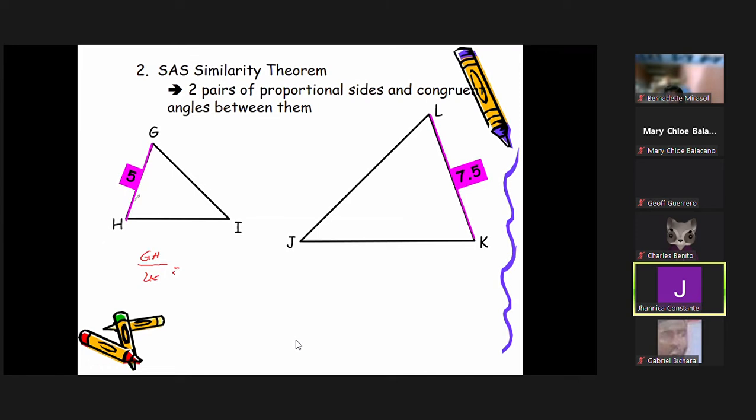So side GH measures 5, divide by 7.5, which is equal to 0.66. So yan ang proportion between side GH and side LK.